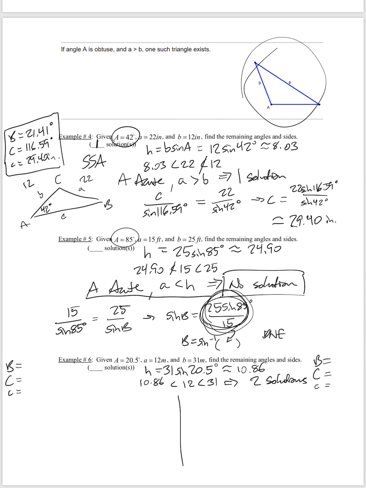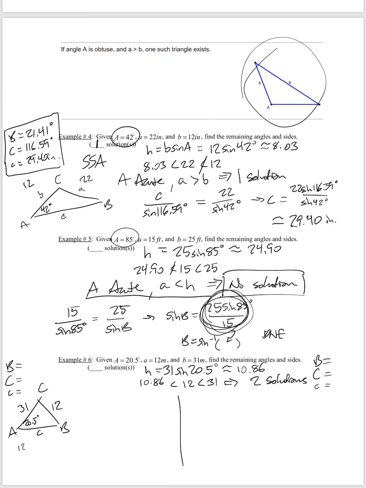Let's consider where B is acute first. So this is 31, this is 12, this is side length C, this is 20.5 degrees. And let's set up one of our law of sines ratios.